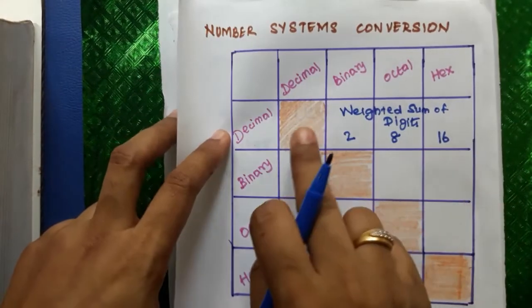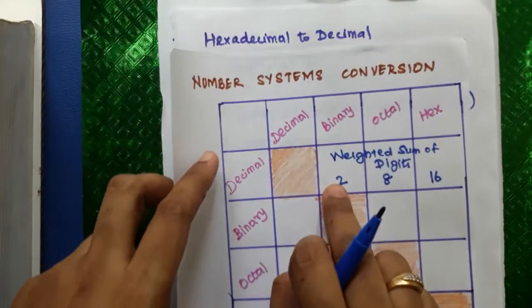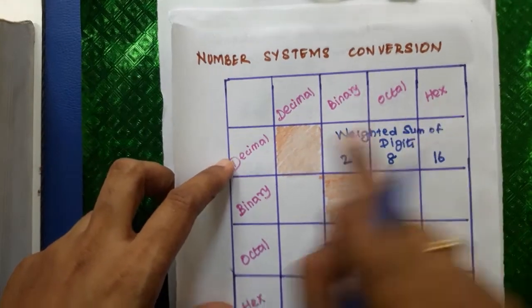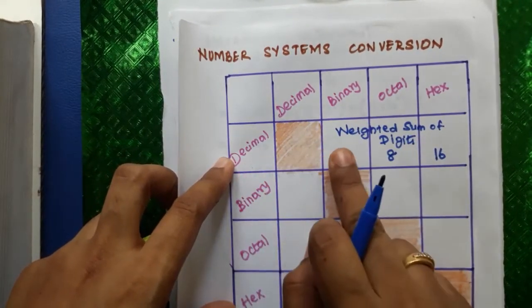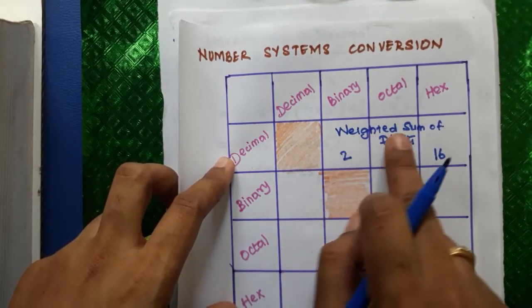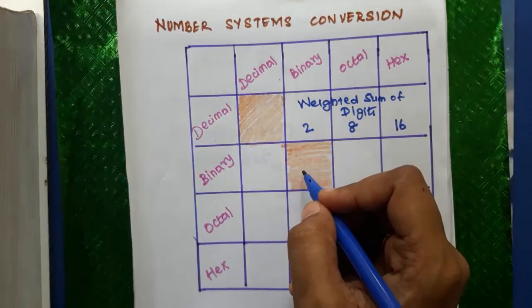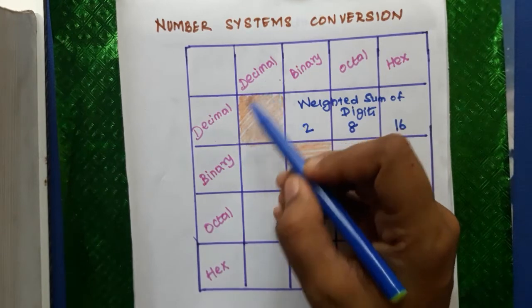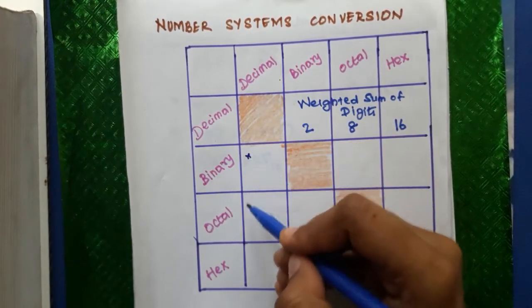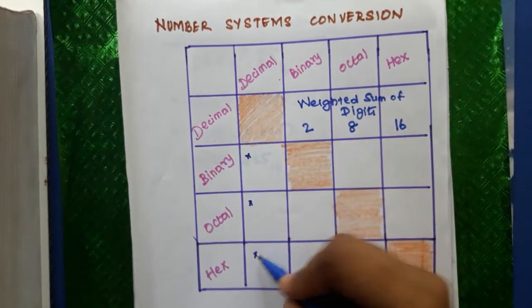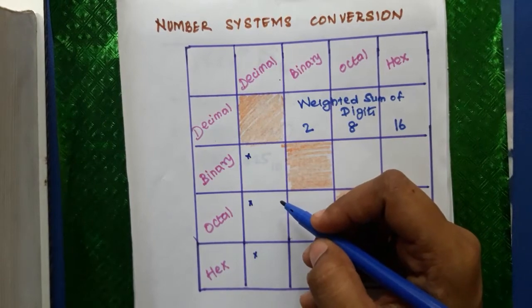So this is how we are able to convert from any number system to a decimal number system by mere addition of the weighted sum of the digits. Now, in order to convert a decimal number into a binary or octal or a hexadecimal, what is the method to be followed?